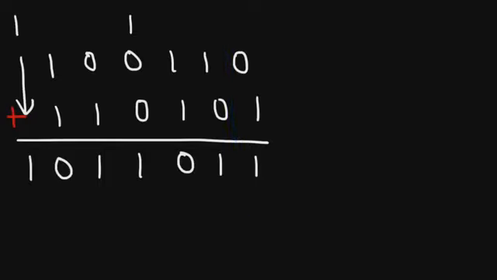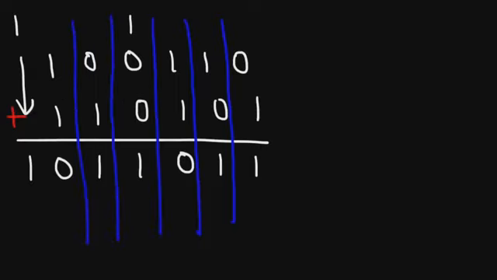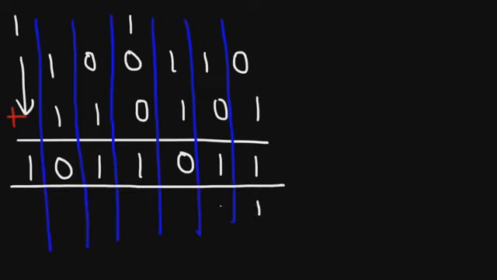But let's separate everything into columns, just like we did before. So this is going to be 1, 2, 4, 8, 16, 32, and 64.